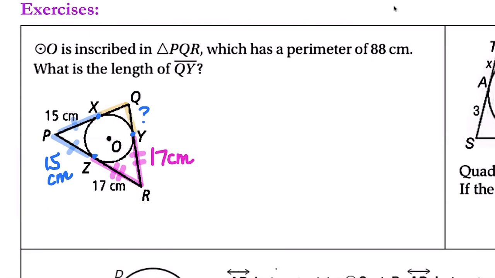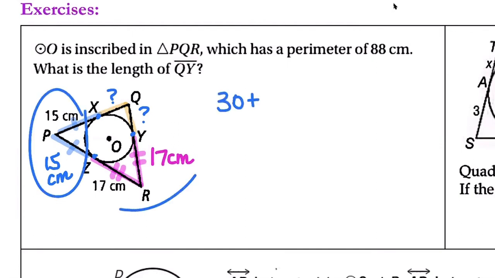So these are both question marks. We don't know what those are. What we do know is that we have 30 here and we have 34 there. And then we have two question marks. I'm going to call those A, just because I don't want to use X since there's already an X point in the problem.